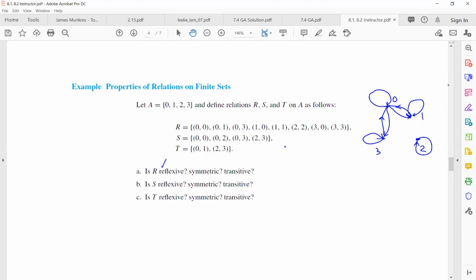There is no relation between 3 and 2, so we're not worried about 2 and 3. So it is symmetric. Do we have a transitive relation here? 1 is connected to 0, 0 is connected to 3. Do we have a connection between 1 and 3? As you can see, 1 is not connected to 3, so it is not transitive.